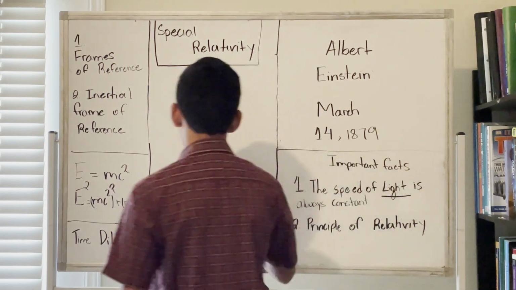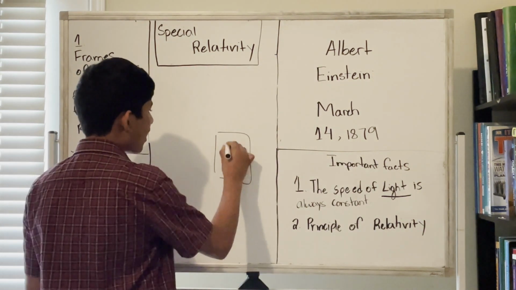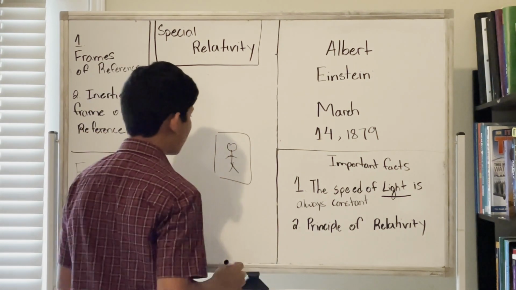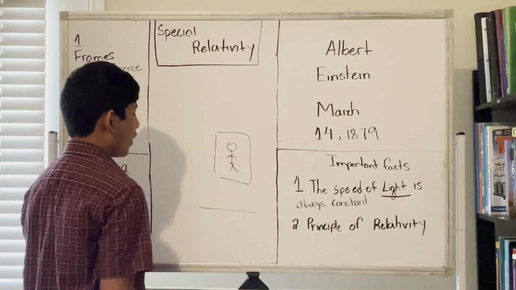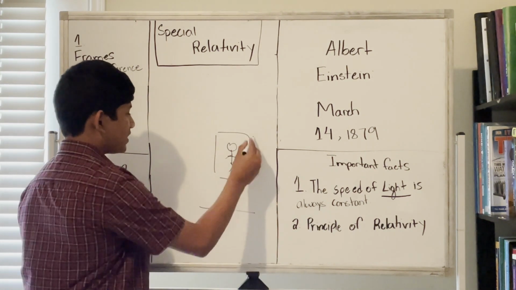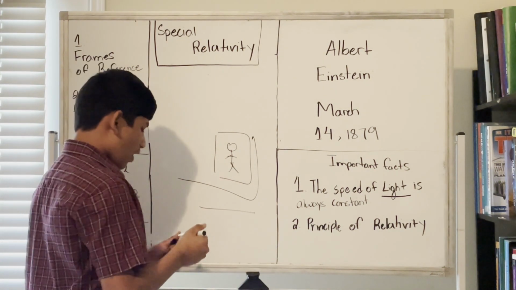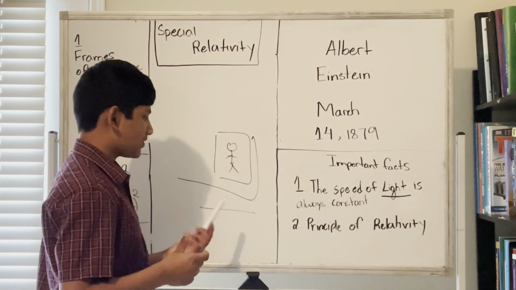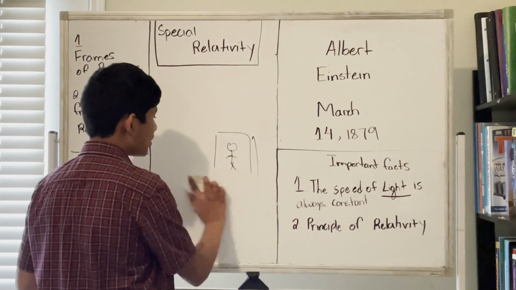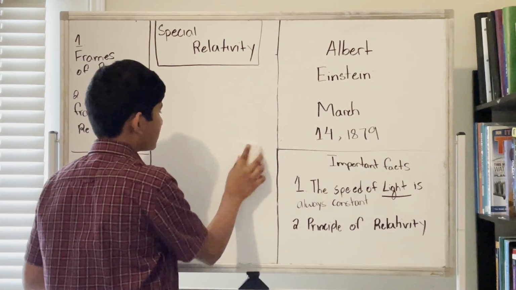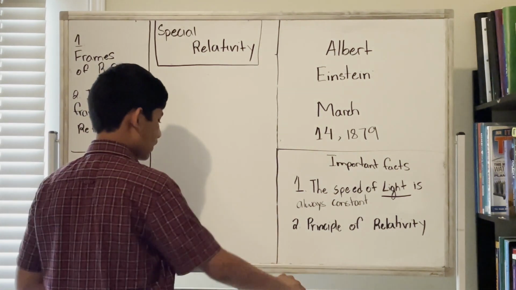For example, as I mentioned, when we have a box, the box is a frame of reference because we're measuring the person relative to the box. We're not measuring the person relative to the road, or relative to the car which the box is in.